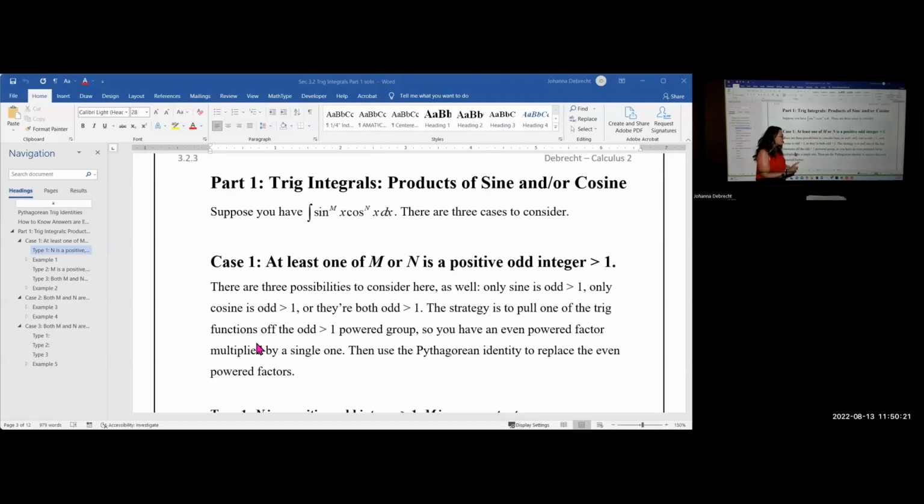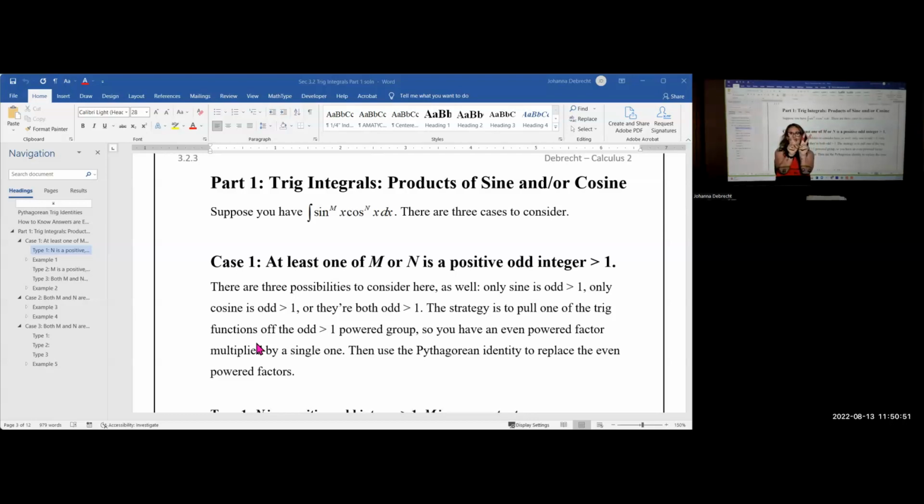Now, what's our strategy? The strategy is here in the middle of this first paragraph. We're going to choose one that has an odd power greater than 1, or one of them if they're both odd bigger than 1, and we're going to pull one of the trig functions off. So let's say we have sine cubed. Basically you have 3. We're going to pull one of the 3 off so that what we have is sine squared times sine.